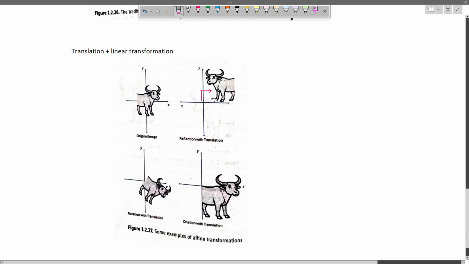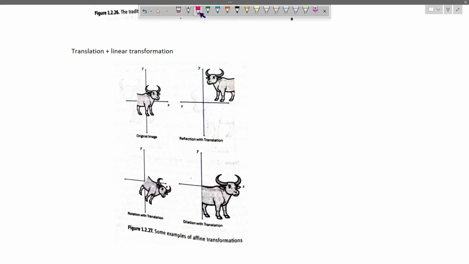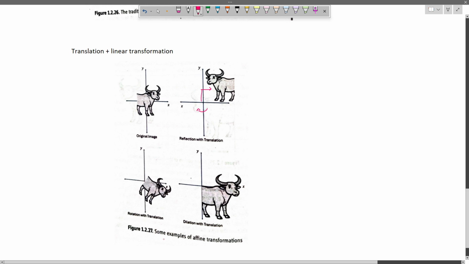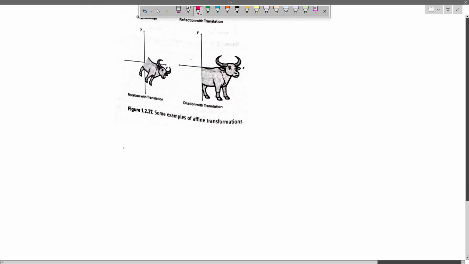Or reflect it first, because reflection requires preservation of the origin, and then move it up and to the right. Here, rotate it first and then translate it. And then we can also have dilation with translation. Those are the examples that we have.